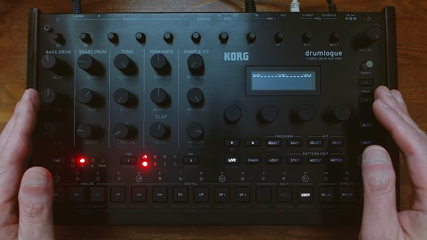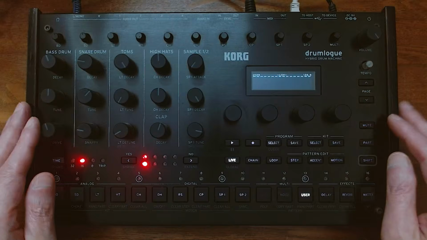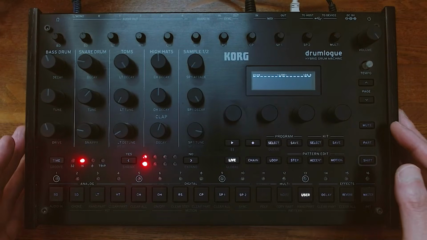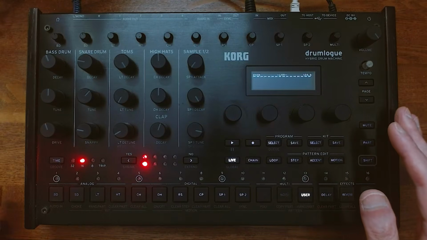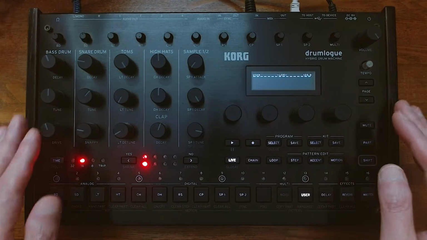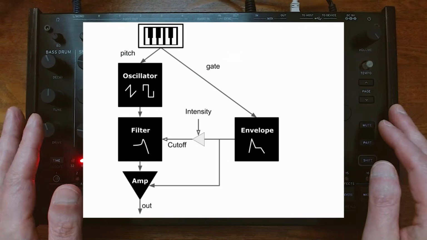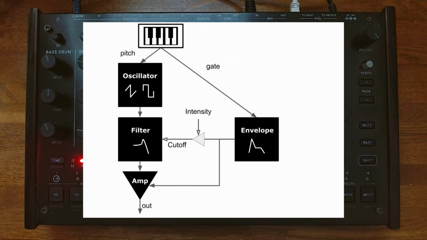Now I'll introduce some example Pure Data patches to show what is possible on drumlogue. I won't go into detailed explanations of each patch today, as that would take too long for this short video. The first example is a simple monophonic virtual analog synthesizer.